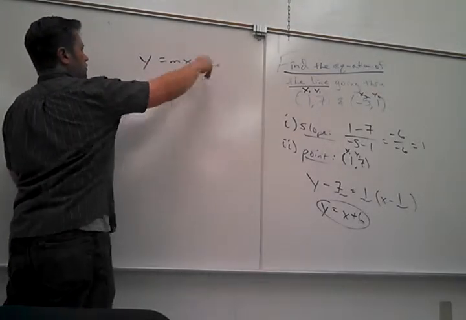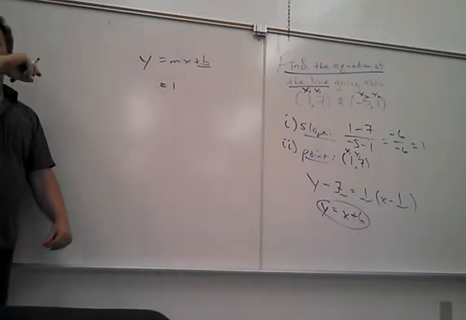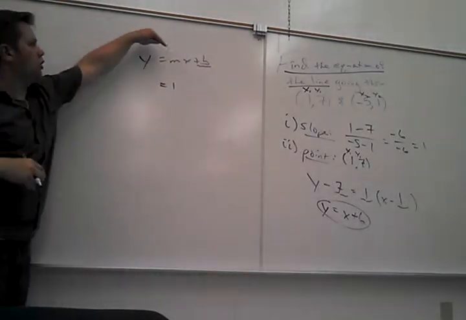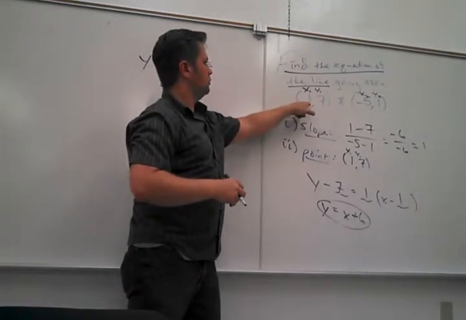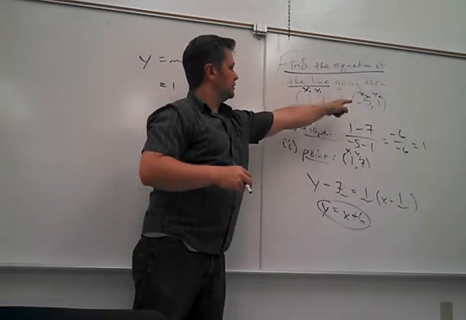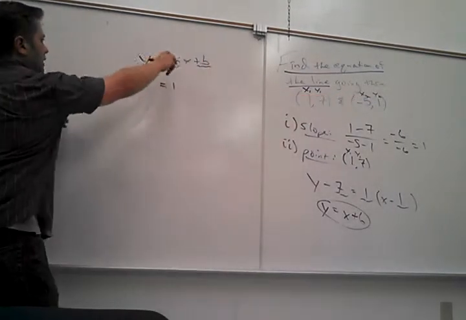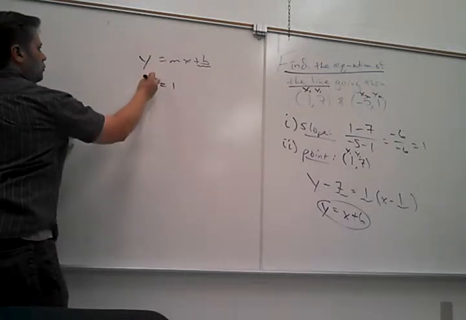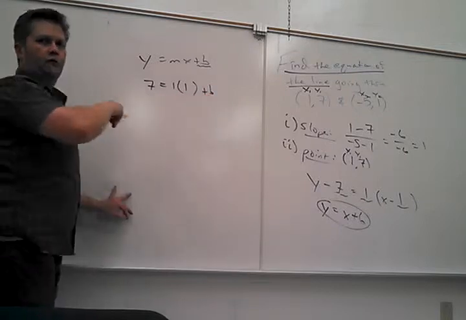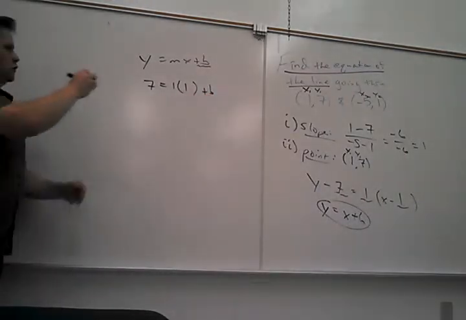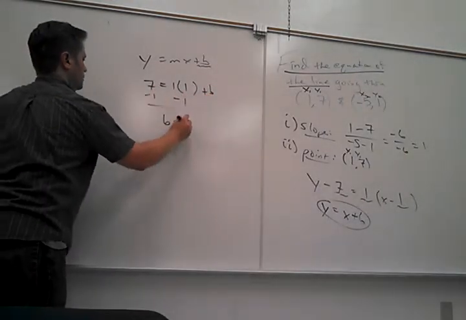Now, to really do this equation, I have to get the intercept, and I don't have the intercept, but I do know x and y. I do know, for example, when x is 1, y is 7. When x is negative 5, y is 1. So if I plug in one of those points, y is 7 when x is 1, I can solve for b. So when you subtract 1, b is 6.